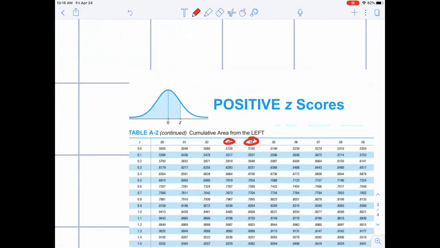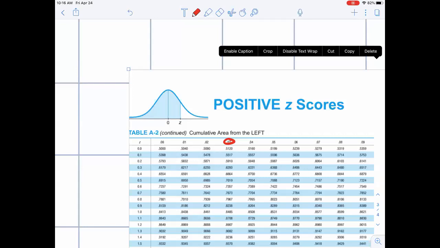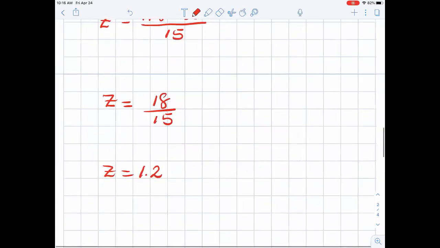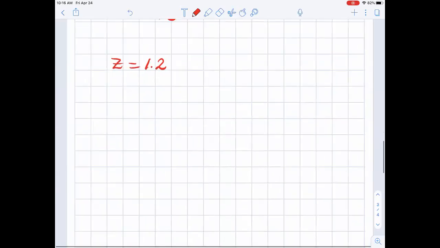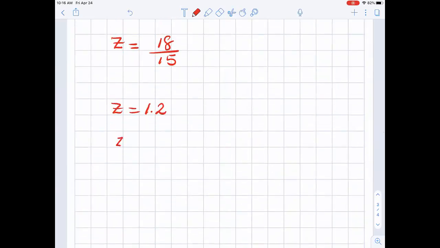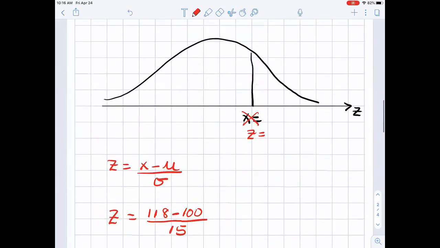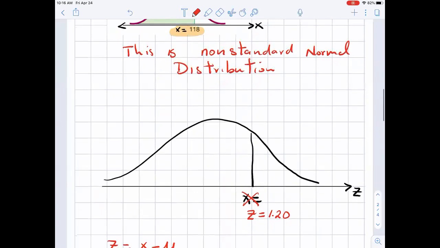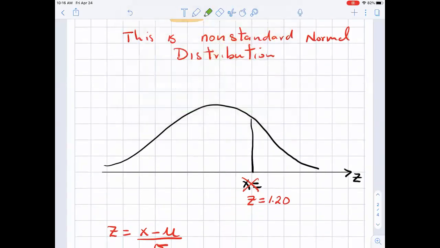So what you should do is round this value so that Z is equal to 1.20. No matter if you get a bunch of decimals, you need to round it to 2 decimal places, because your table only works with 2. So therefore, this value here would be 1.20. And don't forget, you want the area of this shaded region here, right?